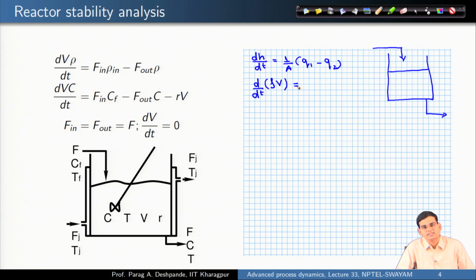If there occurs a change in the density of the system, which means that the density at the inlet is something different and the density at the outlet is something different, then the volumetric flow rate F in multiplied by the density at the inlet would give you the mass flow rate in, and similarly minus F out, and the density of the reaction mixture has been assumed to be rho.